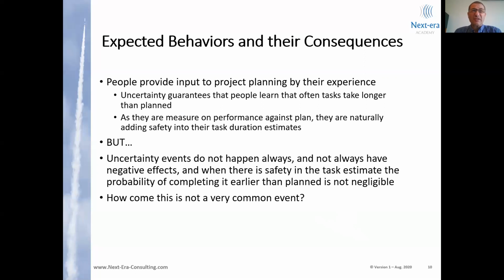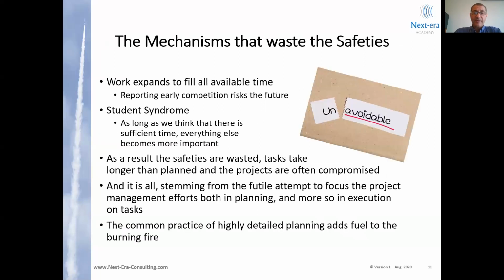As we know that task durations have safeties, and we know not all tasks are being hit, and some of the tasks are positively being hit, it must be that we will see in real life a non-negligible part of the project tasks being completed much faster than planned. But when you look at the project environment, it is not common to see that, and the question is why? It is because of how people behave in such an environment.